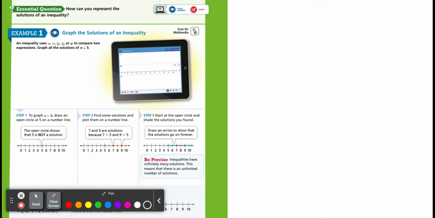Draw an open circle at 5 on the number line. So let's start by making a number line in your notebook, and let's make an open circle at 5. Now we know that this is going to be an open circle because we have just x is greater than 5. It's not including 5.